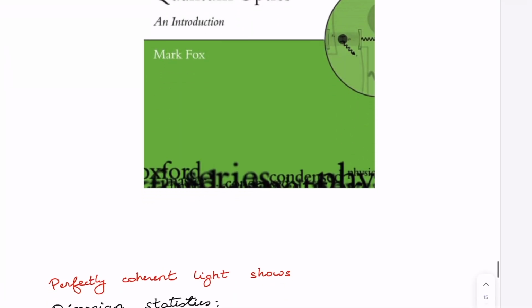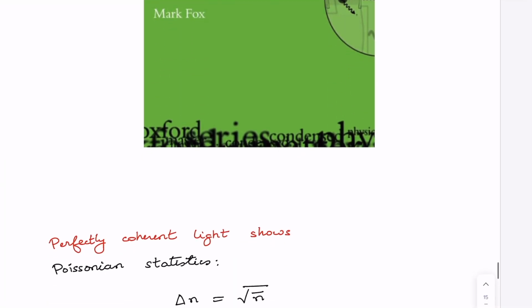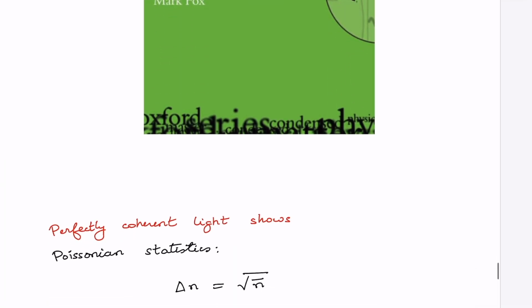So far you learned that perfectly coherent light that has a constant power shows Poissonian statistics, and photon number fluctuations satisfy this equation, where delta n is the standard deviation, which is equal to the square root of the mean number of photons.